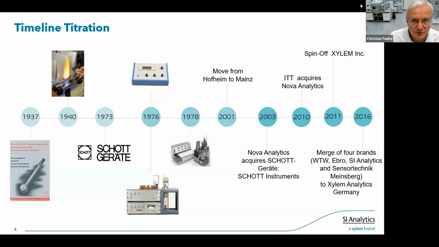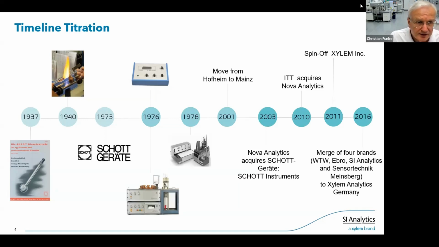These two parts, the manufacturing of glass electrodes and glass viscometers and special calibrated glass tubes, were put together in one daughter company called Schott Instruments. In Germany it was Schott Geräte, but in English it is Schott Instruments. It was 1973 in a smaller town between Frankfurt and Mainz, Hofheim.